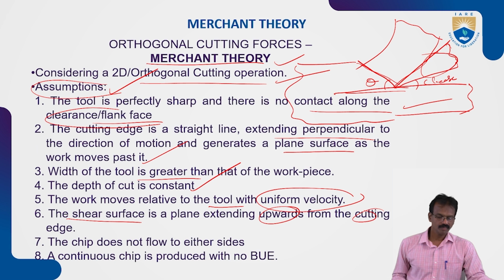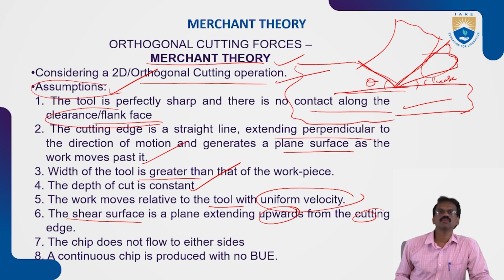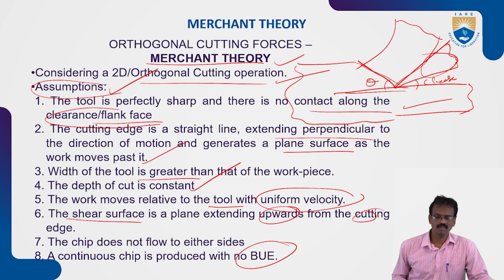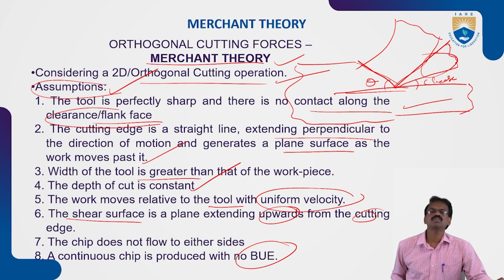Next, the chip does not flow to either side; it flows on the flank surface of the tool. Next, a continuous chip is produced with no built-up edge. Continuous chip is produced and flows on the face of the tool. So these are the assumptions for the application of the Merchant theory.